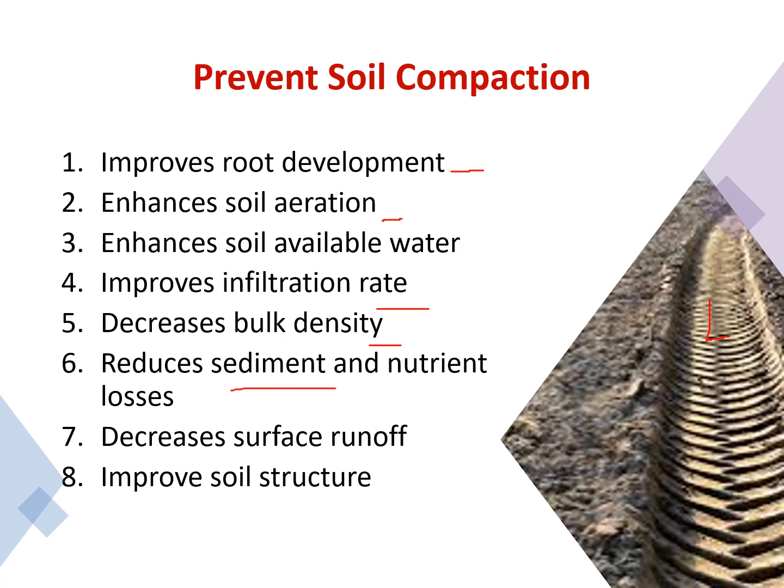Then, if we have a compacted soil, there will be more runoff, and there will be sediment losses, and we know that the sediments have nutrients, and there will also be nutrient losses. So in both cases, we will have impact on agriculture production.